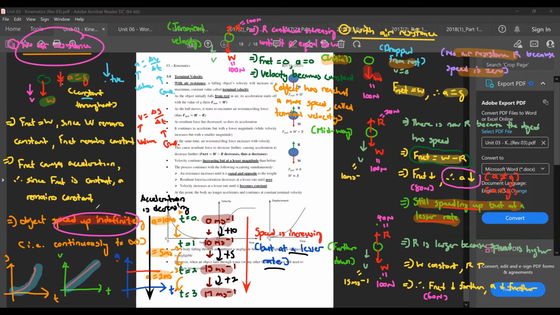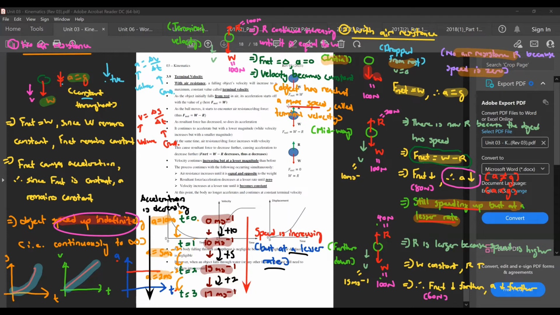But when you have air resistance, your object doesn't continue to speed up indefinitely. It will eventually reach a maximum speed called terminal velocity. In your case here, you will need to know some of the graphs that are specific to an object that's falling with terminal velocity.